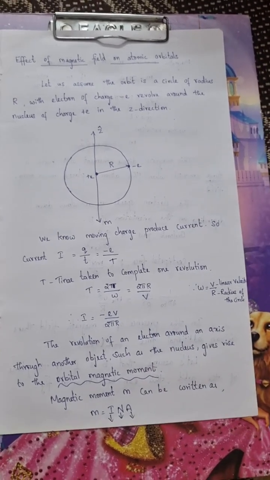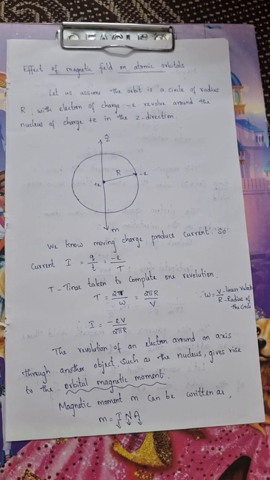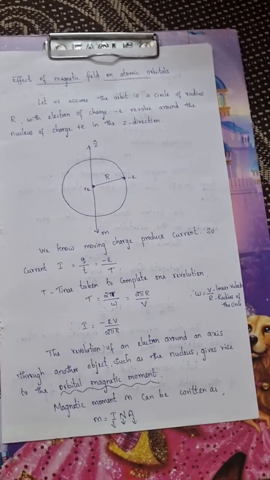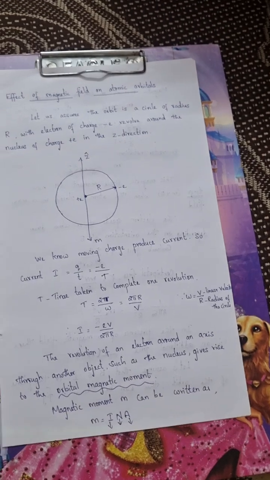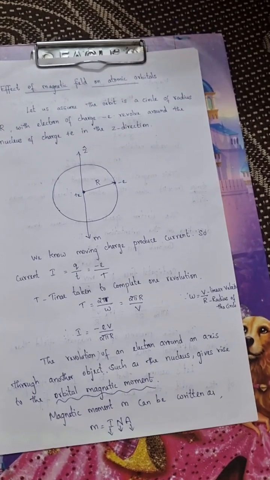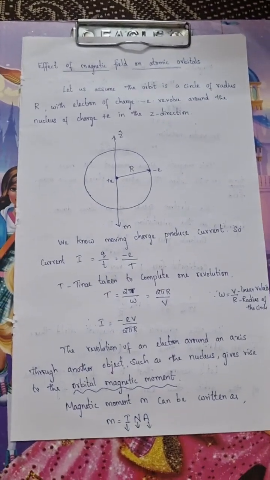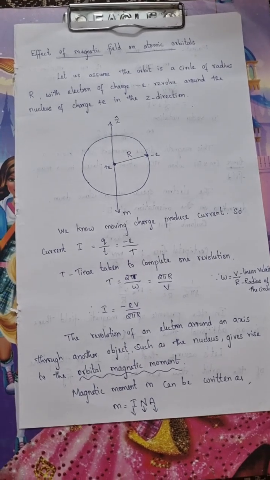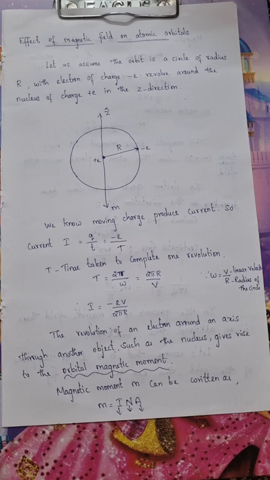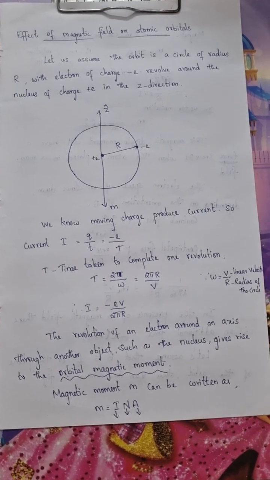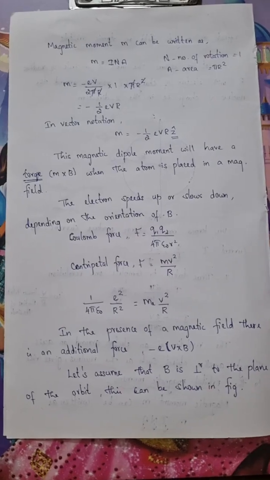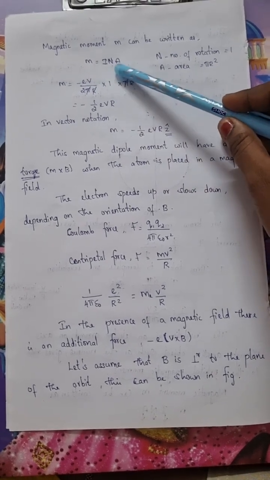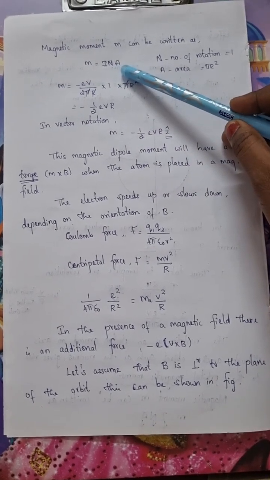Here the revolution of an electron around an axis through another object, such as the nucleus, gives rise to orbital magnetic moment. Orbital magnetic moment means the strength of the magnetic field produced by the orbital angular momentum. So the magnetic moment can be written as m equals I N A, where I is the current, N is the number of rotations and A is the area.